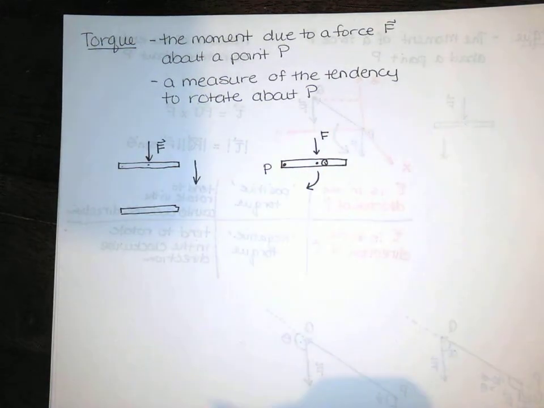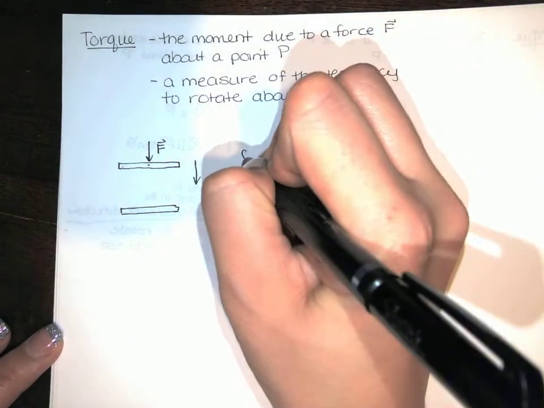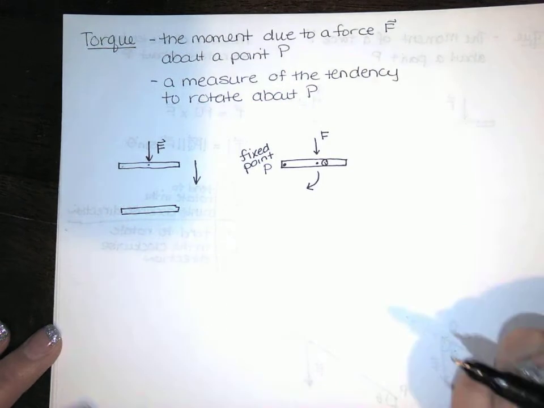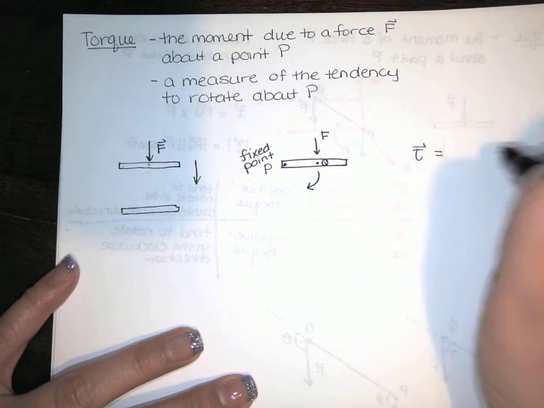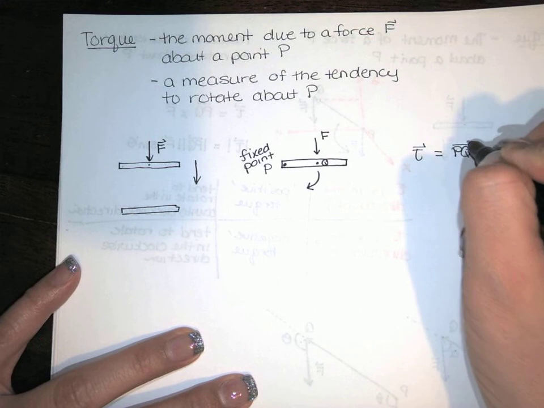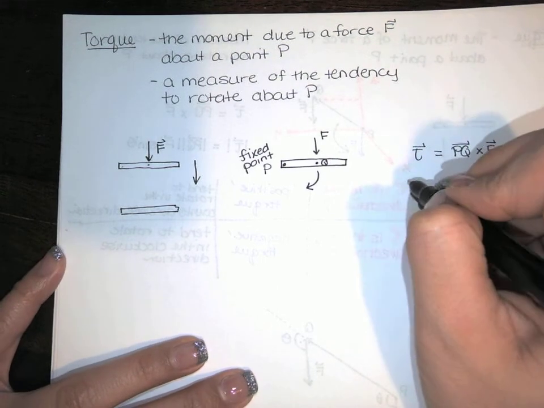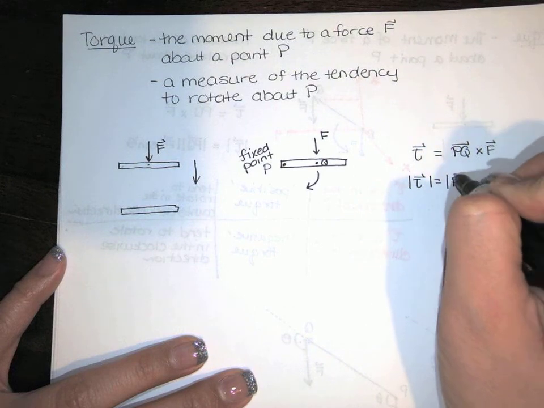And this measure of a tendency to rotate about the point P, which is our fixed point, is called torque. Now, torque is defined mathematically to be the cross product of PQ with F. If I take its magnitude, we know how to compute the magnitude of a cross product.